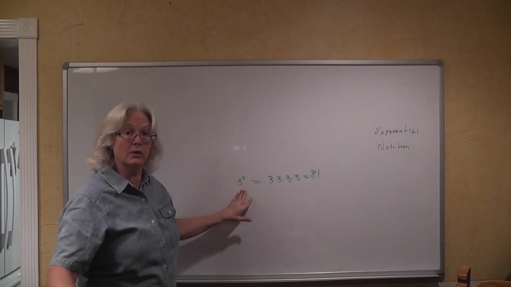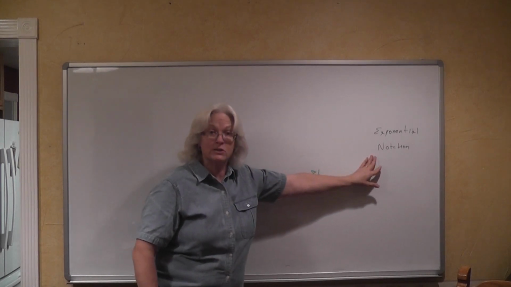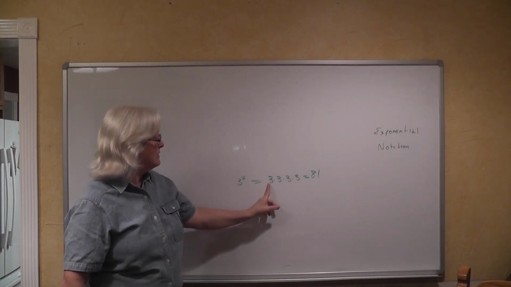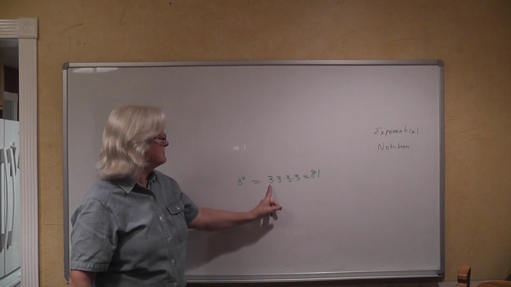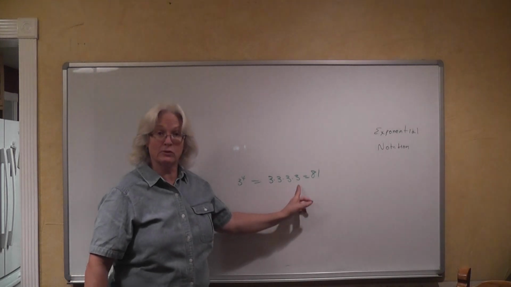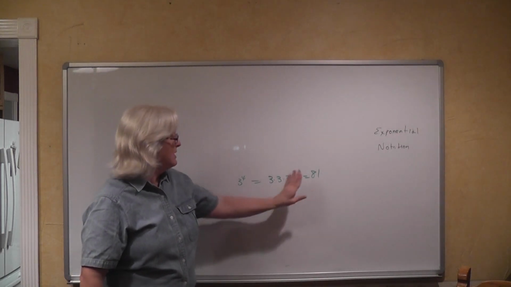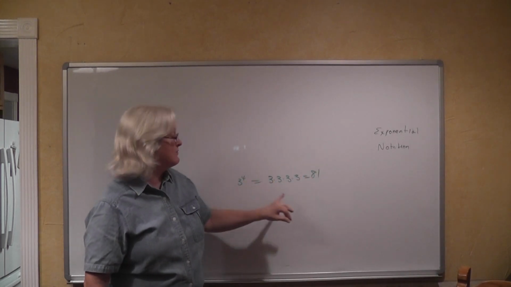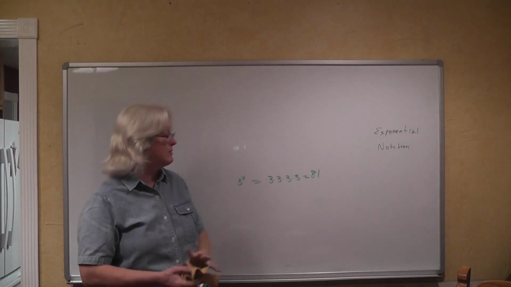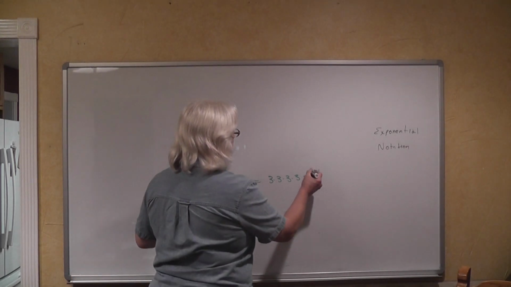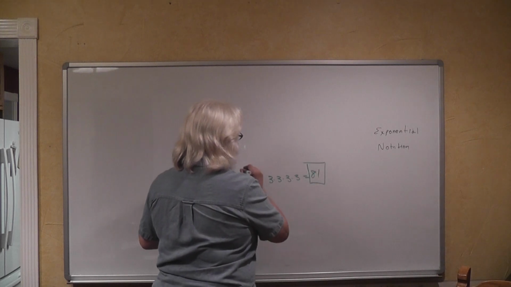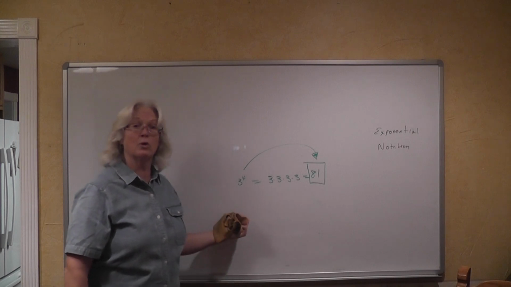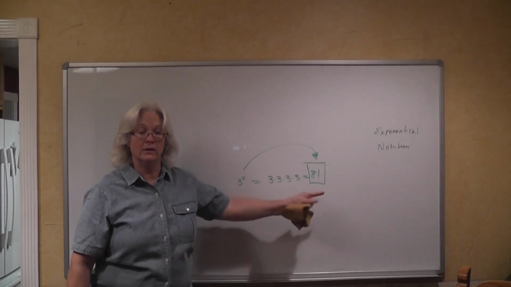This 3 to the 4th, which is what we call exponential notation, means that we're going to use 3 as a factor 4 separate times. And then, to simply say 3 times 3 times 3 times 3, that's not sufficient. You need to multiply that out so that it is simplified. So the simplified form of 3 to the 4th power is 81.